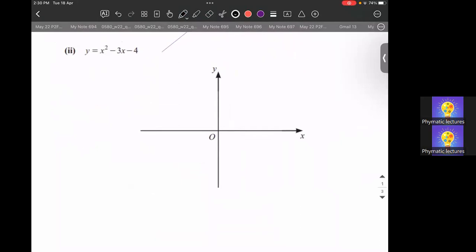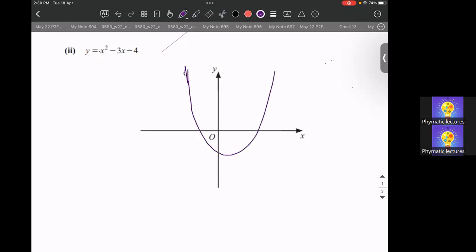If you want to draw the graph, the shape of this quadratic is always an upward parabola or a downward parabola. But you can see the coefficient of x square is positive, so it must be an upward parabola. Clear? Okay, so that means this is the graph.